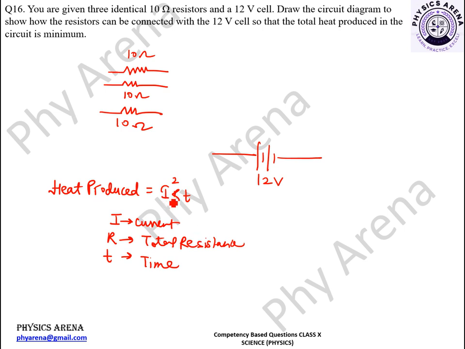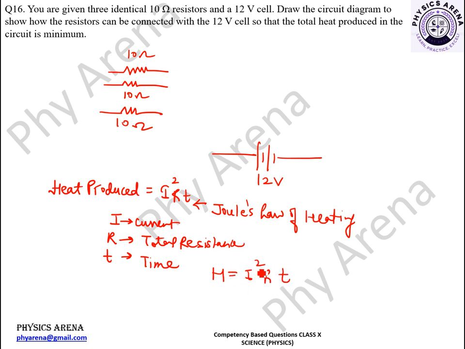Now we can see that this formula comes from Joule's law of heating. And it clearly says that the more the current flowing through the circuit, the more the heat produced in the circuit. So H will be equal to I square RT.